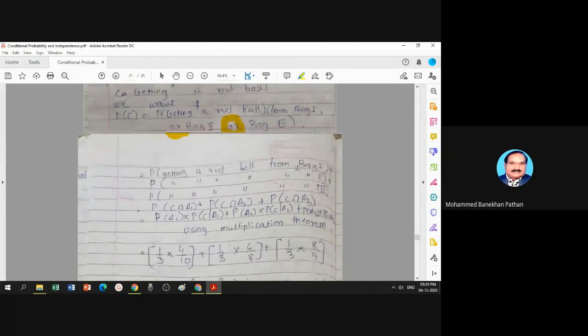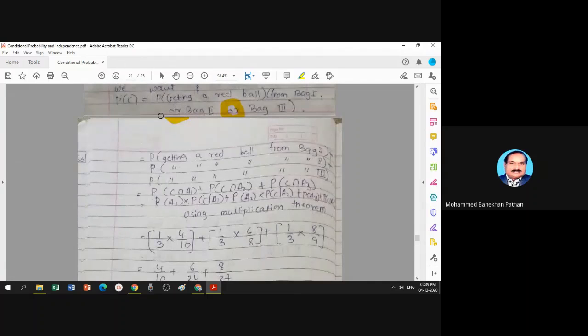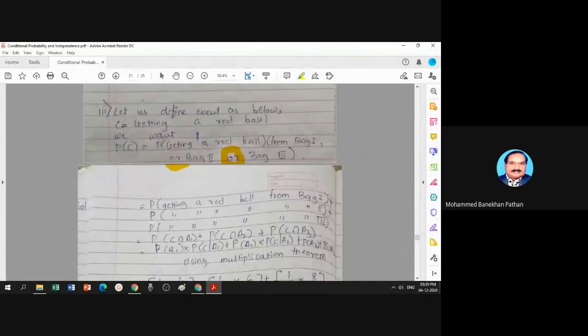In the concept of probability, if you are writing or, it is going to be added. So this statement is written as probability of getting a red ball from bag 1, plus probability of getting a red ball from bag 2, plus probability of getting a red ball from bag 3. So this event which we defined on the top is going to happen by any one out of these 3 possibilities.